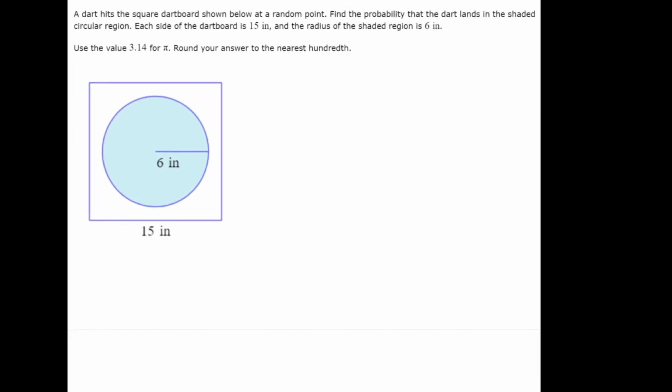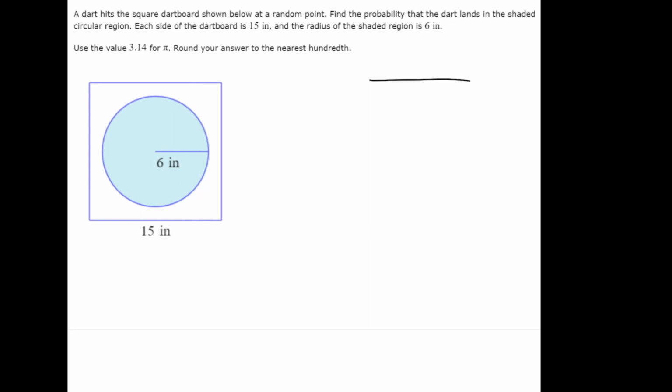So now our dartboard is square with a circle on the inside. It says a dart hits the square dartboard at a random point. Find the probability that the dart lands in the shaded circular region. Again, a win would be inside the shaded region, and we're going to be doing win divided by possible again.